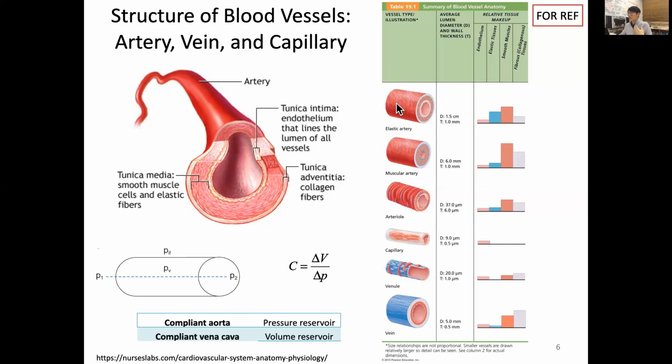Then comes the muscular artery, then the smaller arteriole, down to the capillary, and it collects as venules and veins. You can see the endothelium is the same. There is a lot of elastic tissue on the arterial side, and smooth muscle as well. Fibrosis is also much higher in the artery.